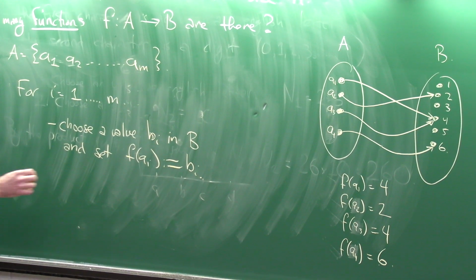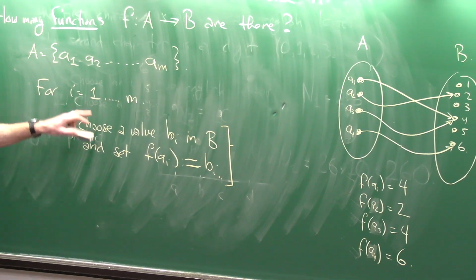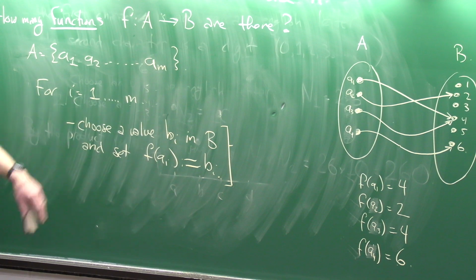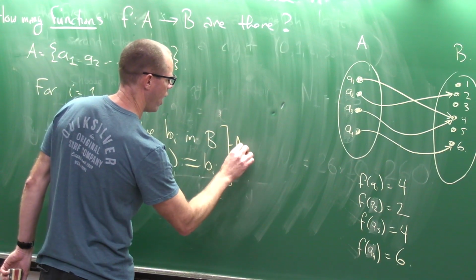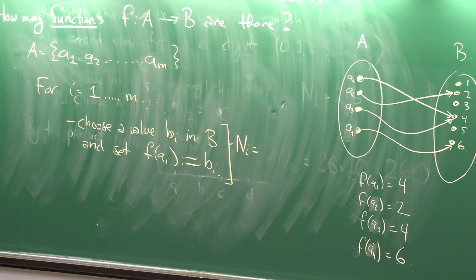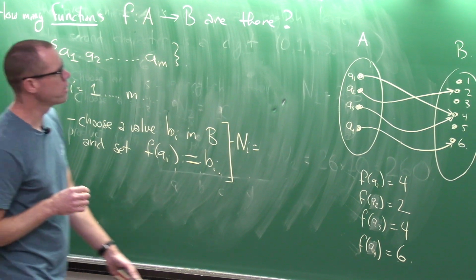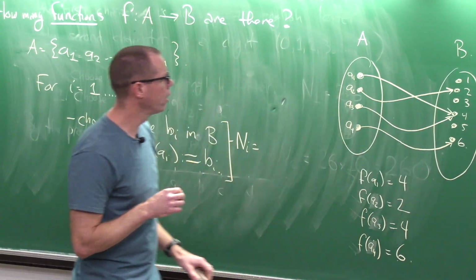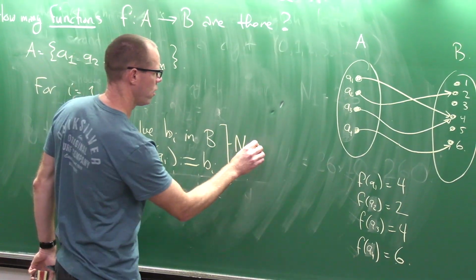So this is a procedure with M steps. And for each step, the ith step, the number of options is the size of B, and that's of size n by definition.